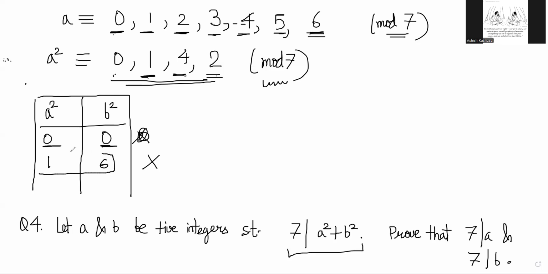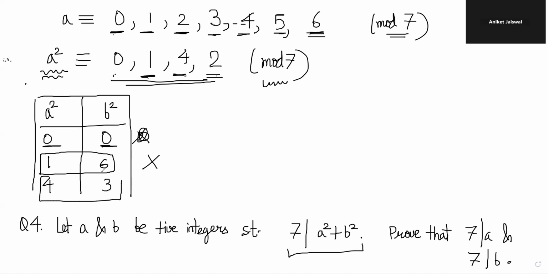क्यों नहीं काम कर रहे हैं पता है सबको? Yes, sir. क्योंकि सिक्स के अलावा रेसिड्यू क्लास नहीं हो सकता ना, क्योंकि हमने देखा कि स्क्वायर का मॉड 7 6 हो ही नहीं सकता है, राइट? हाँ, यस सर। तो ये पॉसिबल ही नहीं है। फिर अगर ए स्क्वायर को 4 ले लोगे तो बी स्क्वायर 3 हो जाएगा। वो भी पॉसिबल नहीं है। और 2 और 5 हो जाएगा, वो भी पॉसिबल नहीं है। तो बस ए एंड बी आर बोथ डिविजिबल बाय 7। We are getting A square should be 0 mod 7 and B square should be 0 mod 7.